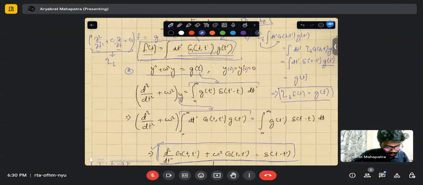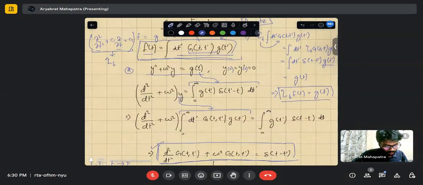So that means your y of zero is zero, and you are taking your answer also of this form, y of t equals integral of g of t minus t prime, times g of t prime. So if your y at 0 is 0, that means g of t is 0 at t equals 0.